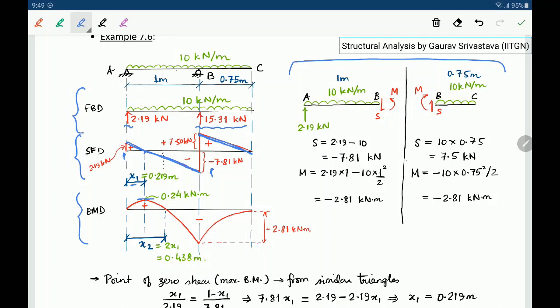We will also be interested in this point where the bending moment crosses the axis, or changes its sign. That is x2, the point of contraflexure.